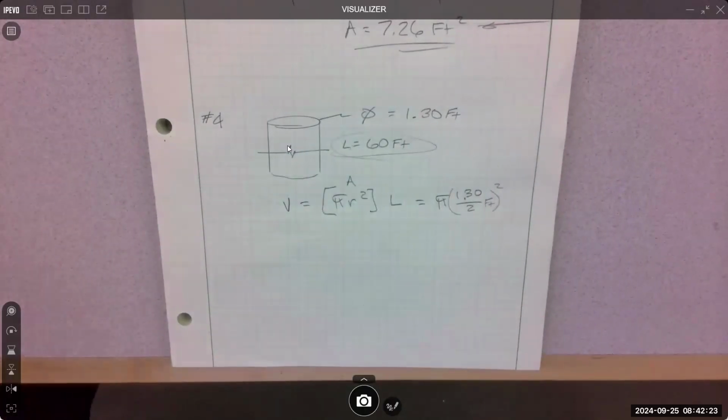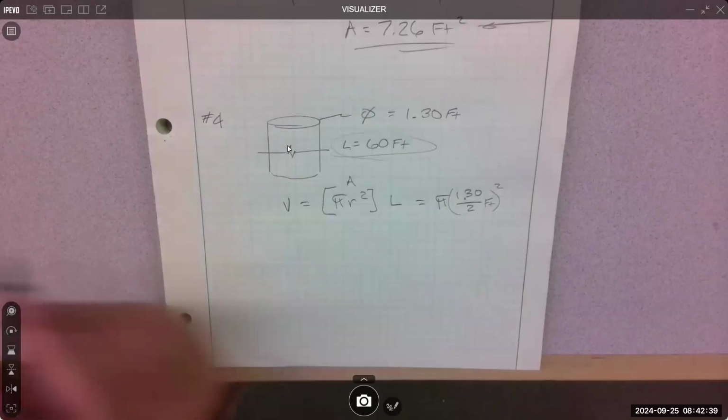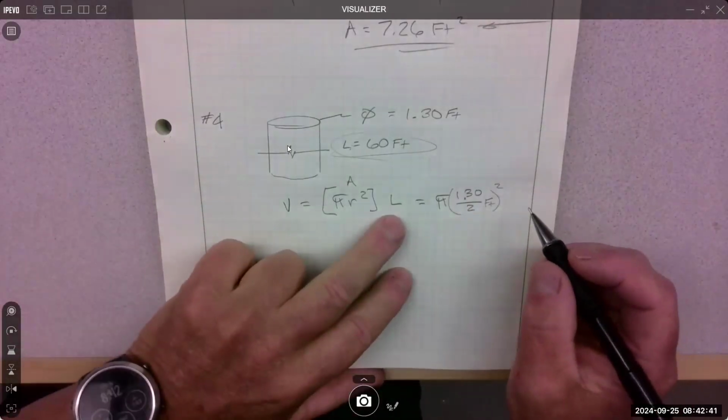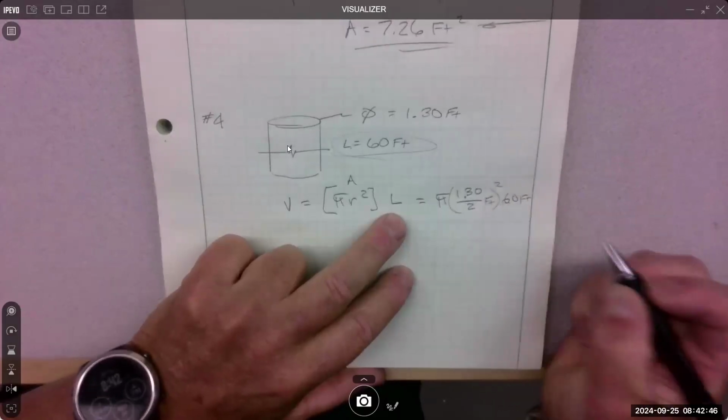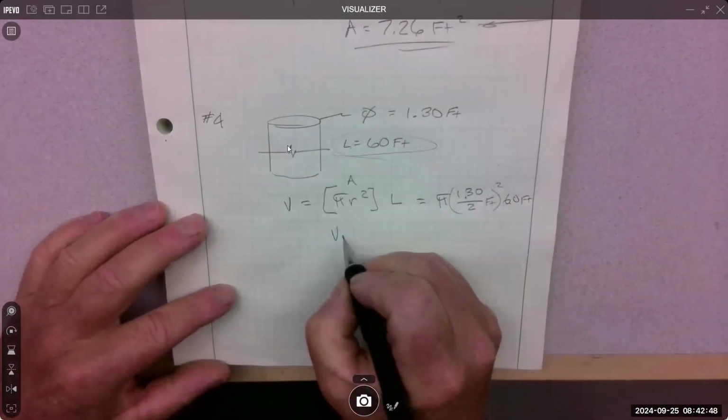Believe it or not, if I take 1.3 and divide it by 2 and then put it in the formula, somebody will text me and say, where'd you get the point whatever? I'm like, dude, that's half of 130. But that'll happen because people are busy and they're not thinking, they're just sending notes. And then our length is 60 feet.